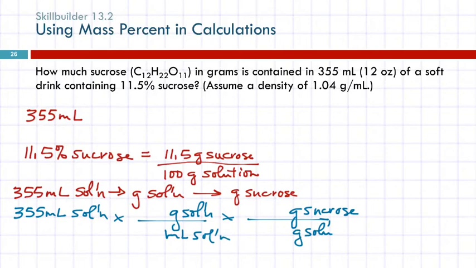So grams of solution to milliliters of solution, that's the density. 1.04. Milliliters of solution cancel out. Relating grams of sucrose to grams of solution is the percent composition by mass, the mass percent. So 11.5 grams of sucrose in every 100 grams of soda.